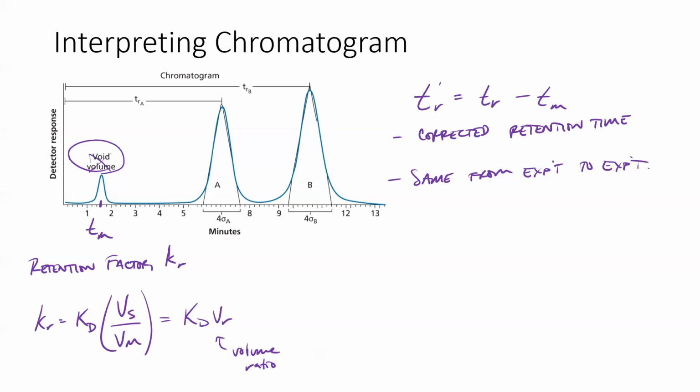And that Kr we can take from instrument to instrument, and it should be the same for a given element. So a lot of times when you look at chromatography papers, while they will report KD, the thing that they really compare are those retention factors, Kr.